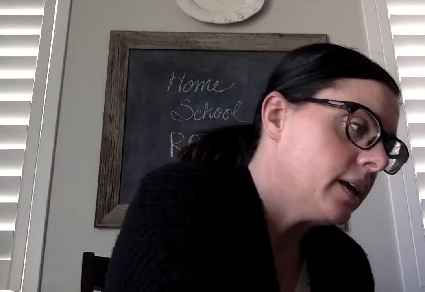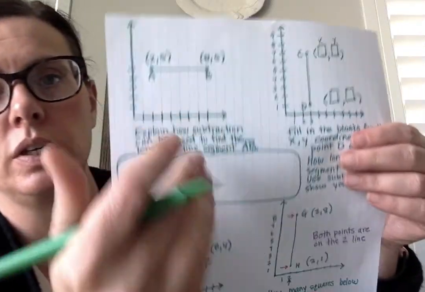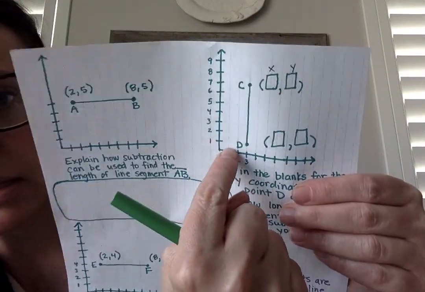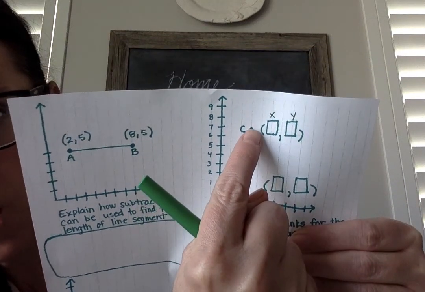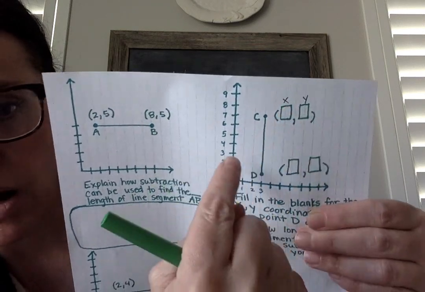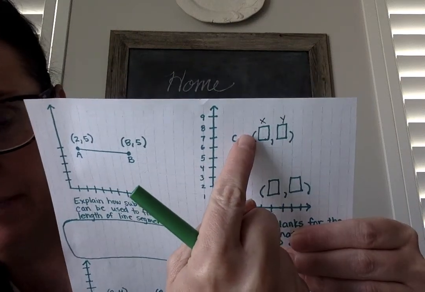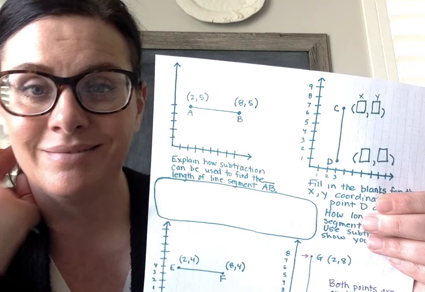So our x is 3, and our y is 7. Please fill those in. Our x, we go over 3, our x is 3, and we go up 7, our y is 7. Fill those in, please.